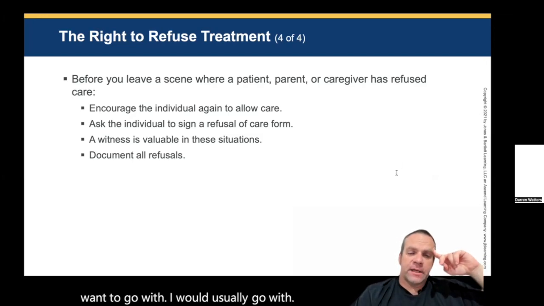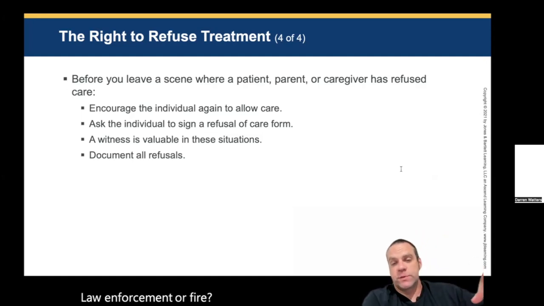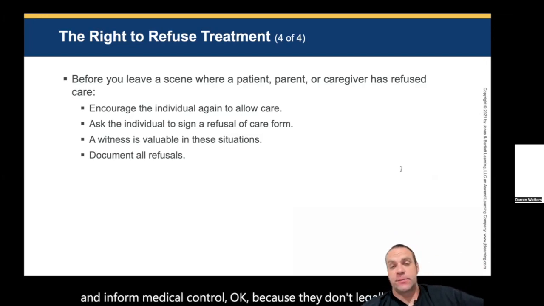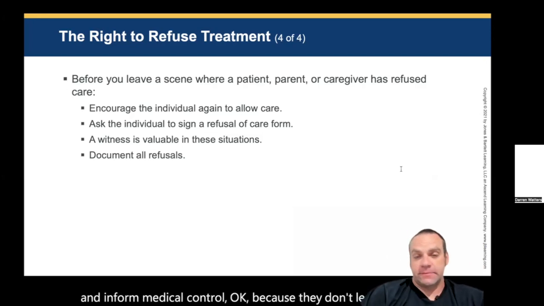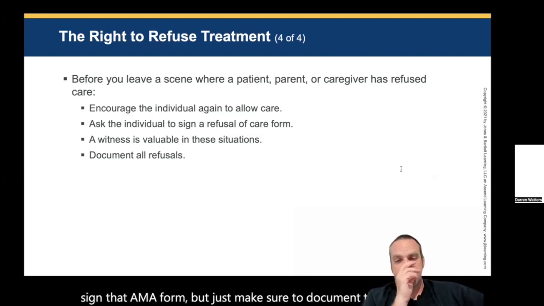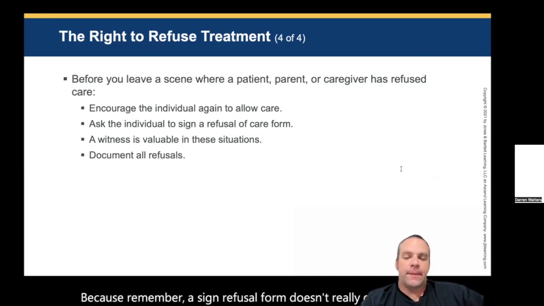If they refuse to sign, document the refusal and inform medical control. They don't legally have to sign that AMA form, but make sure to document that they straight up refused to sign it. Remember, a signed refusal form doesn't guarantee legal protection for yourself, but it does help demonstrate that you did your due diligence.